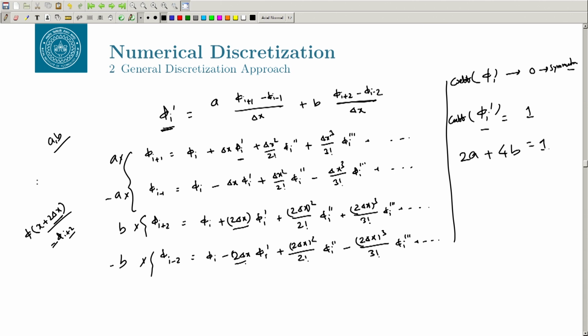Now we have to collect the terms of phi i double prime, which is going to 0, but we have already ensured that by using the symmetry.